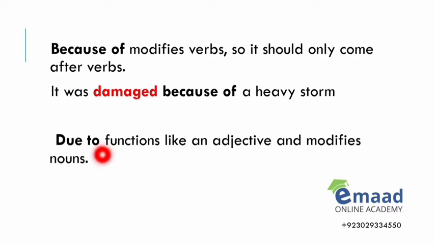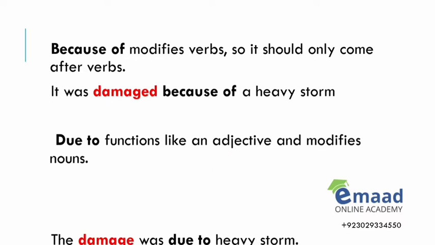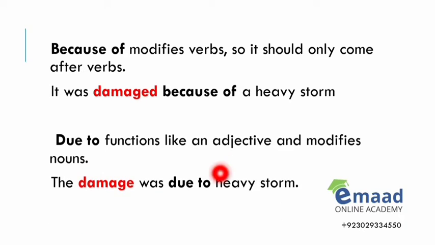And what about due to? Due to functions like an adjective and modifies nouns, because an adjective always tells us something about some nouns. So due to modifies a noun because it functions like an adjective. Here in this sentence the word damage is a noun, but in that sentence, it was damaged, damaged was a verb.